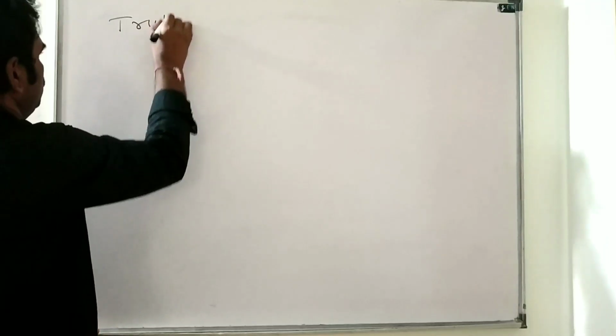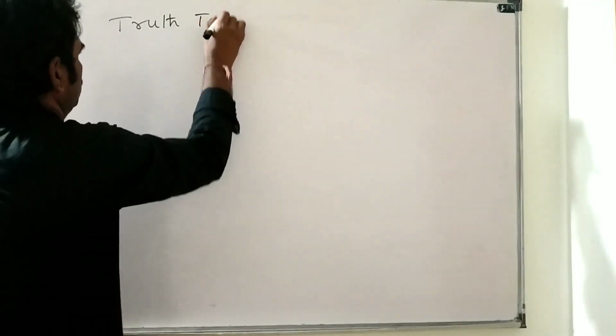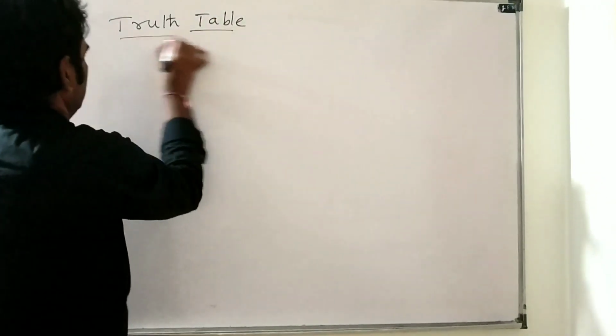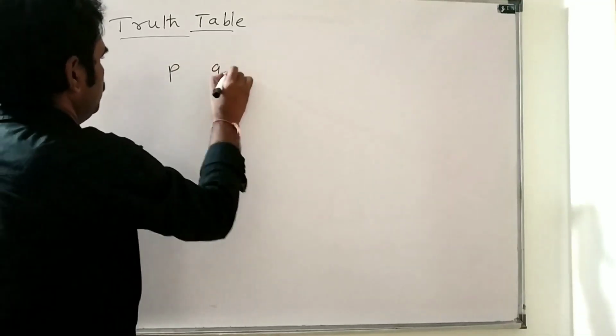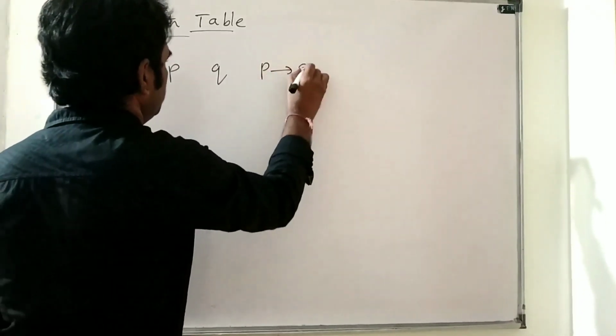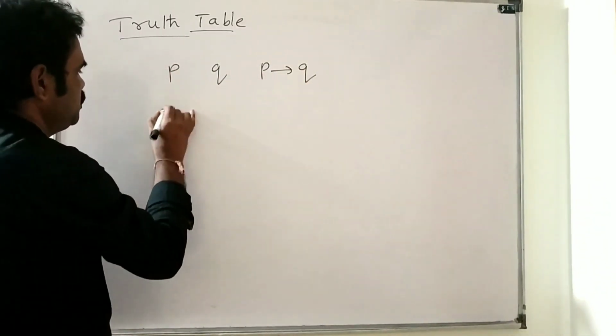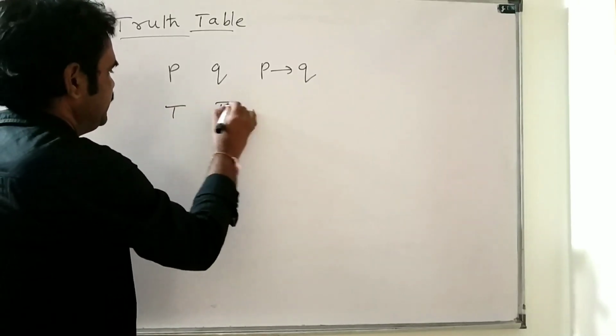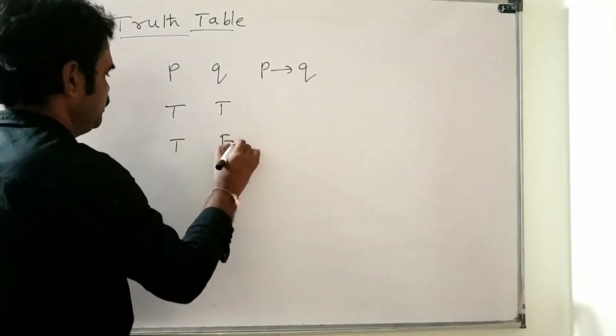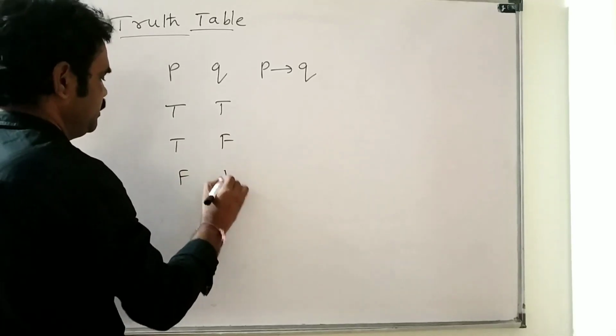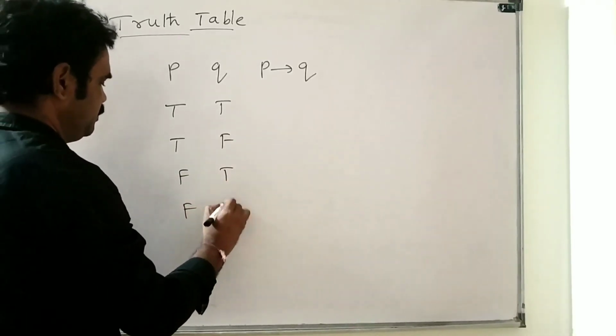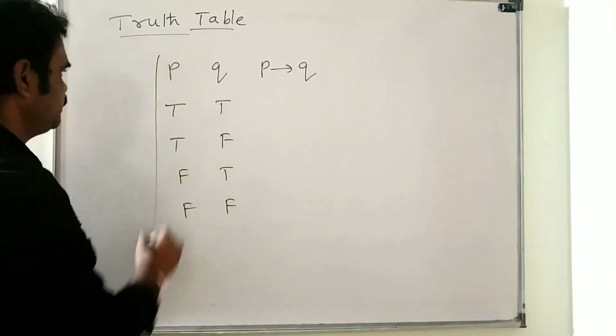See the truth table for implication. P, Q, P implies Q. Write the possible truth values of P, Q: TT, TF, FT, FF.